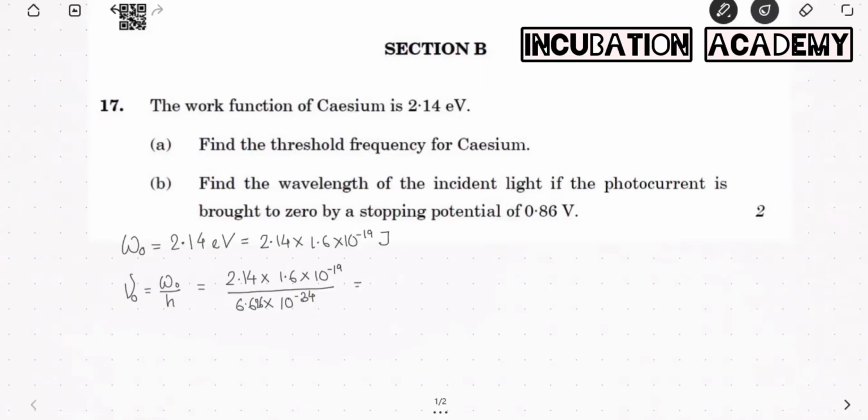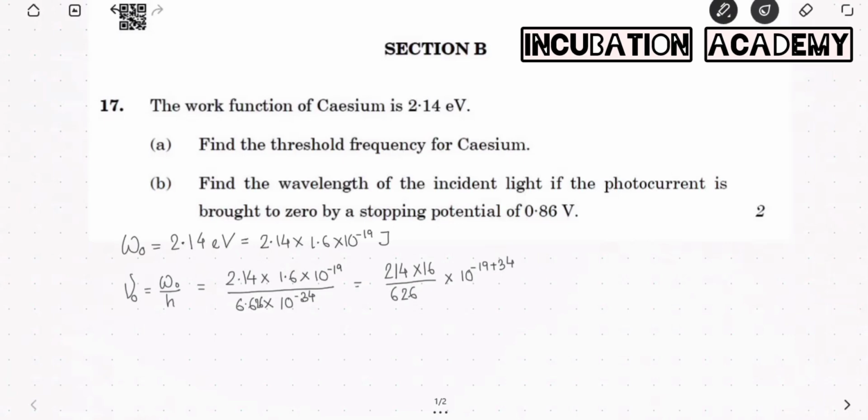I can write it simply as 214 multiplied by 16 divided by 66 multiplied by 10 to the power minus 19 plus 34. I hope you understood the decimal point cancellations.